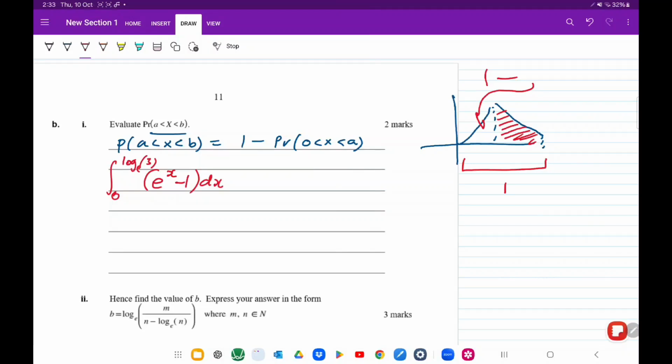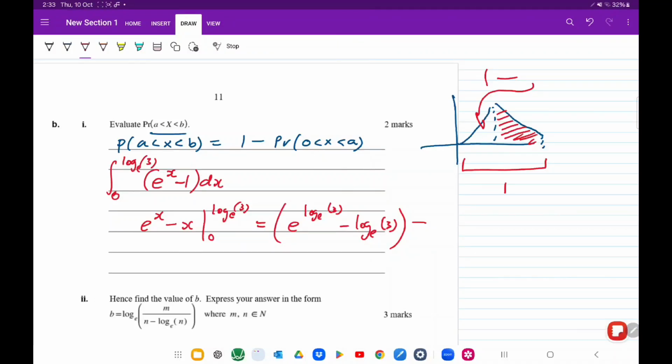Alright, from this point, the antiderivative of e to the x is e to the x, and the antiderivative of negative 1 is negative x, from 0 to log e 3. And then we evaluate this, e to the power of log e 3 minus log e 3, subtract that with 0. That negates itself.